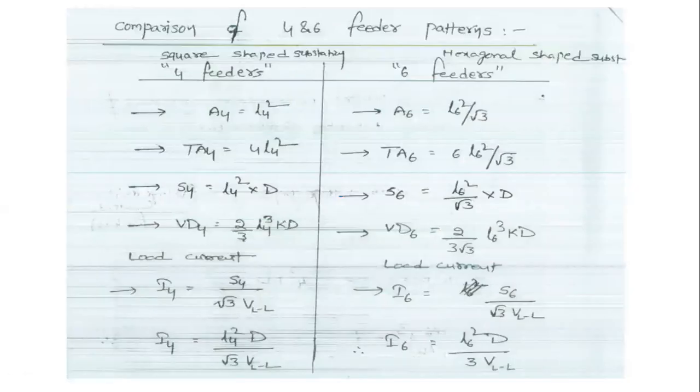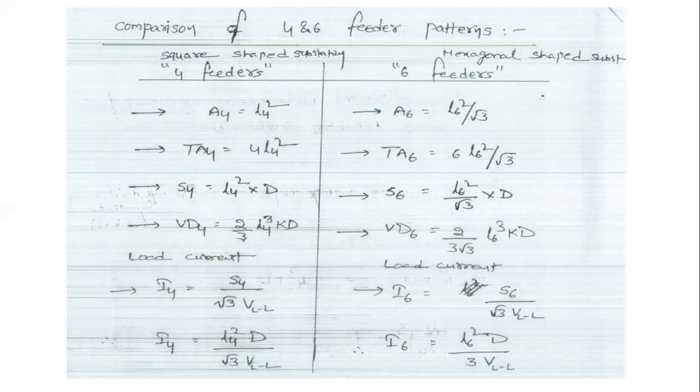First, we are comparing the 4 and 6 feeder patterns. The 4 feeder pattern is the square shaped, and the 6 feeder pattern is the hexagonally shaped. This is the square shaped feeder distribution system, and this is the hexagonally shaped distribution system.